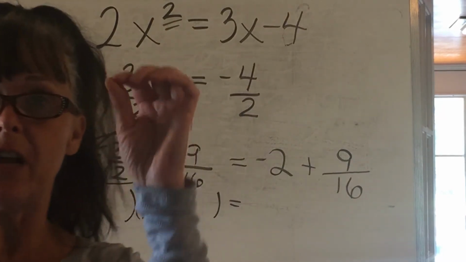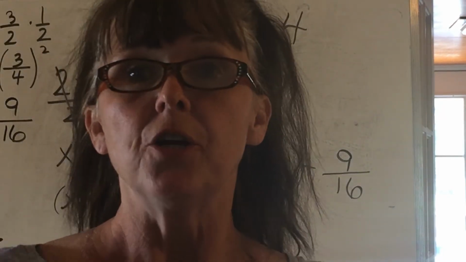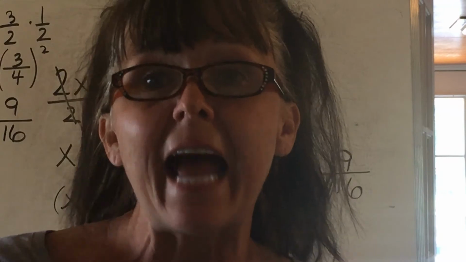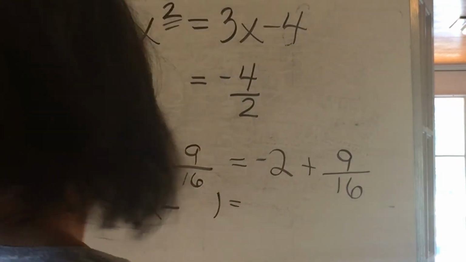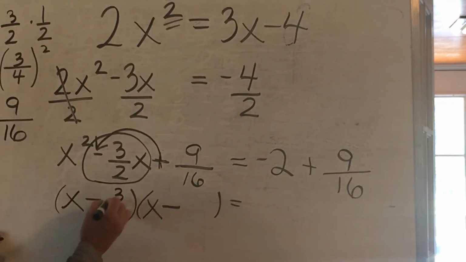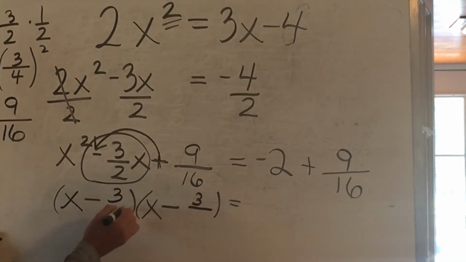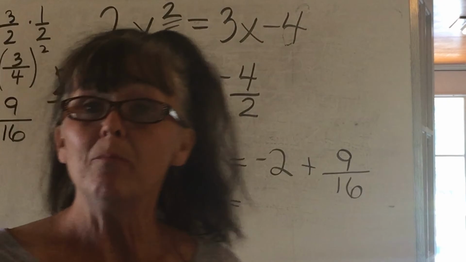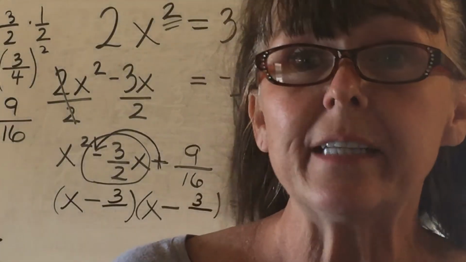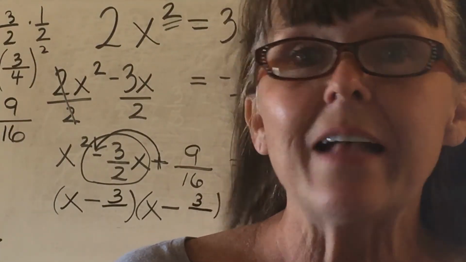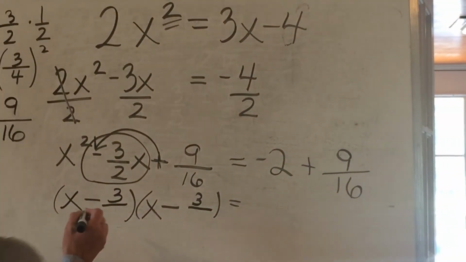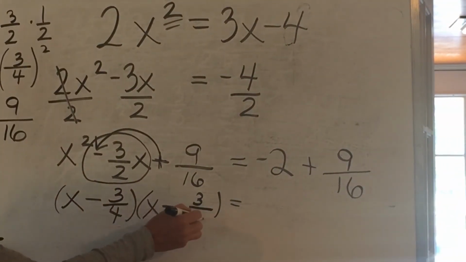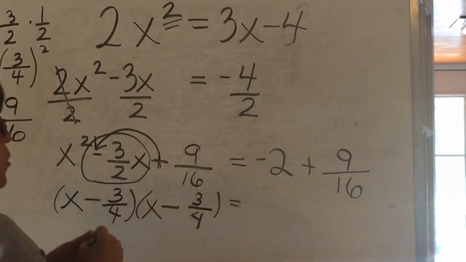Well, again, do the numerator, then the denominator. 2 numbers that multiply give you 9, but it has to be the same number. 3 times 3. 2 numbers that multiply give you 16, but it has to be the same number. 8 times 2? No. That's not the same number. 4 times 4. So x minus 3/4, x minus 3/4.